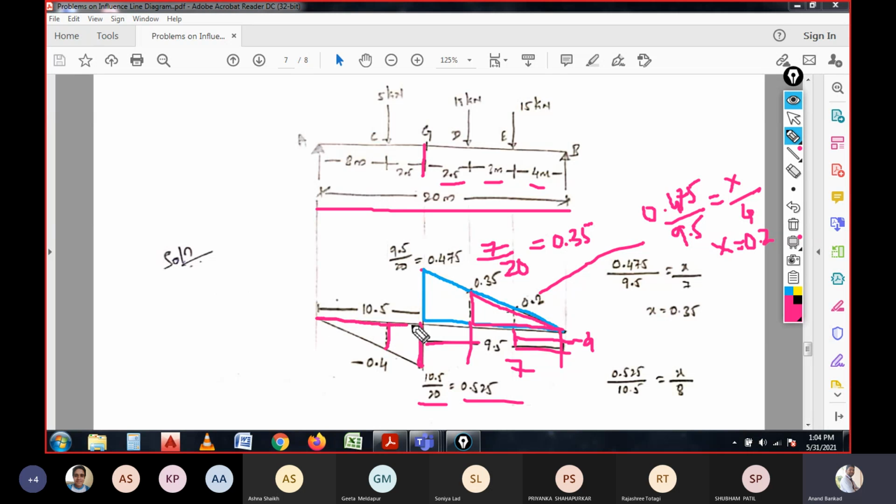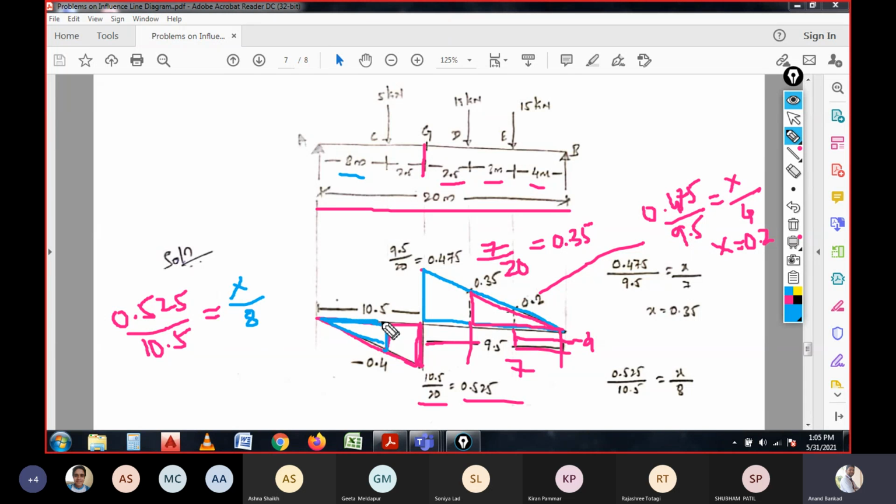If you consider this as a larger triangle and this as a smaller triangle, I could write the equation: 0.525 divided by 10.5 equals the unknown height x divided by the span. How much is it? Here it is 8 meters.